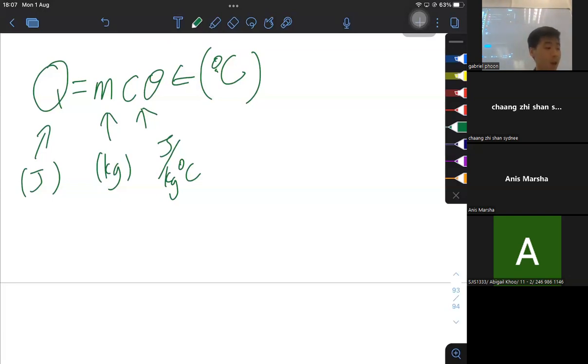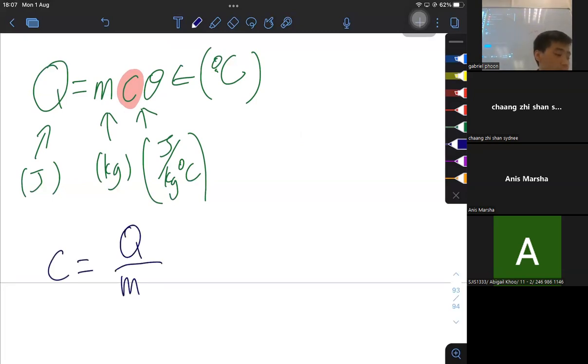Now, guys, I want to emphasize this. Everyone pay attention to this. In terms of your IGCSEs, they love to test you on specific heat capacity. For those who cannot remember what unit it is, you are not expected to memorize it, because to remember the unit, you just need to make C the subject. Of course, you must have a certain degree of mathematical skills.